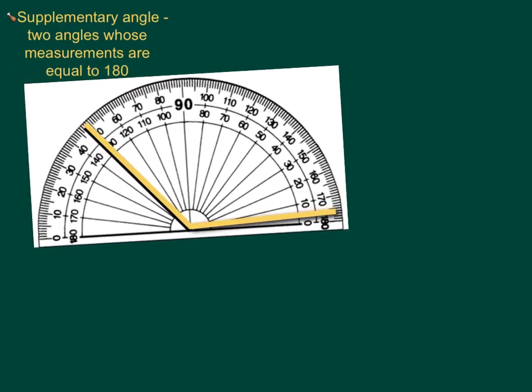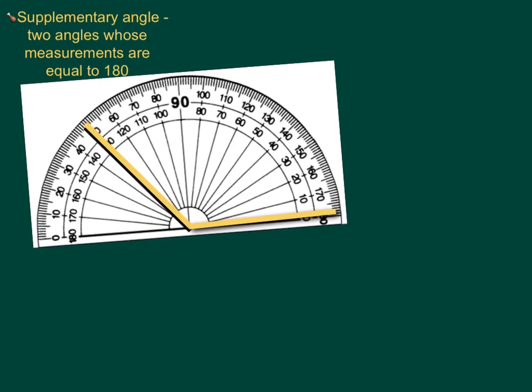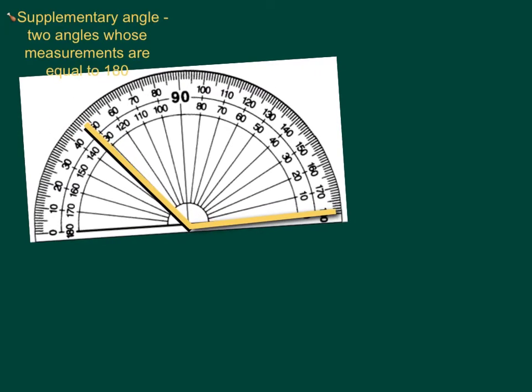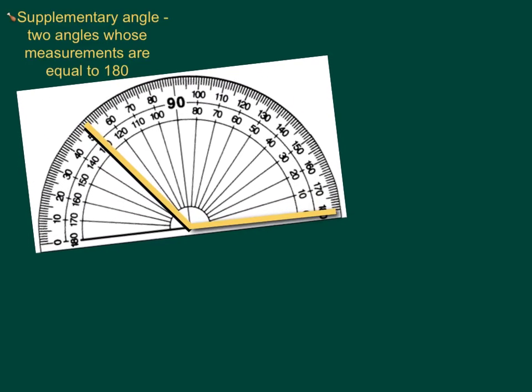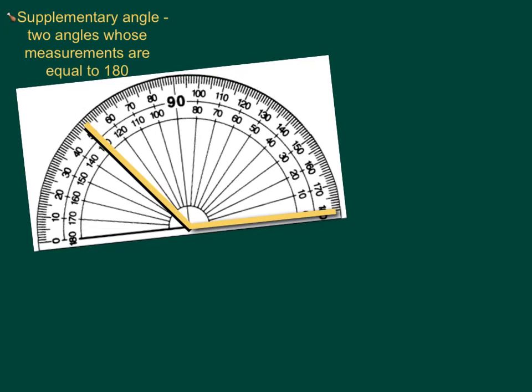Oh, made it bigger. Didn't mean to do that. All right, so there you go. Now my baseline is at 0, and now I simply want to find the adjoining line, which is this line right here. And this will give me my angle measurement. From the baseline all the way to this line, it lets me know how wide my angle is.